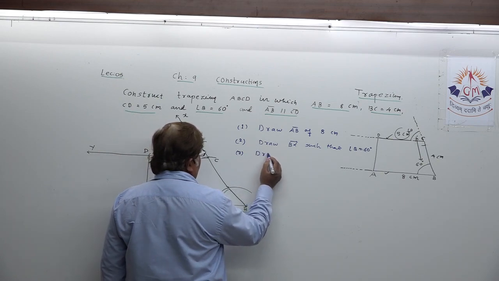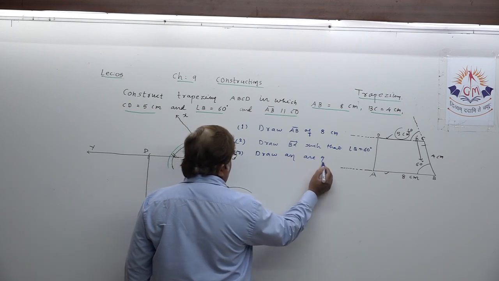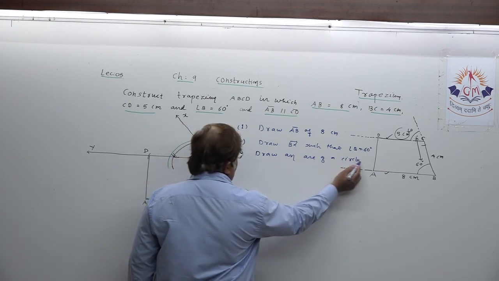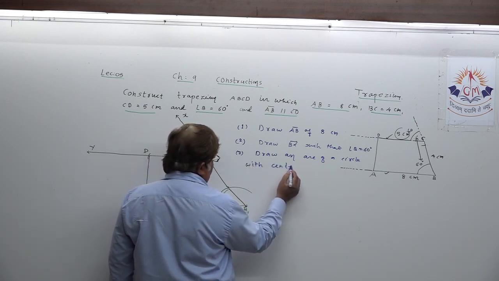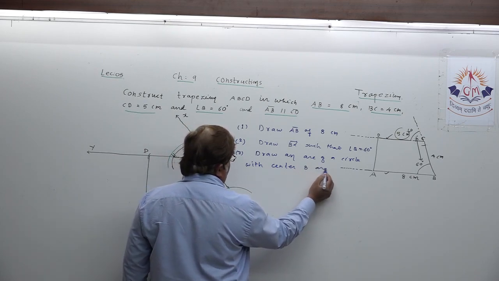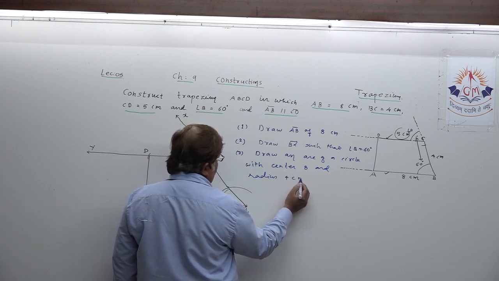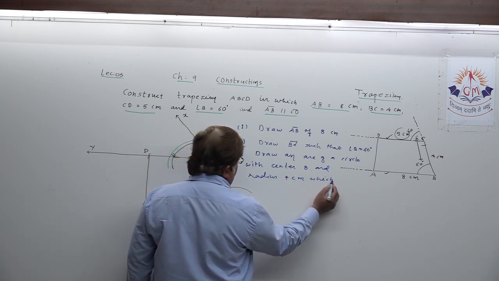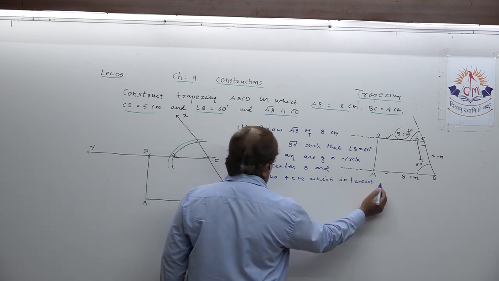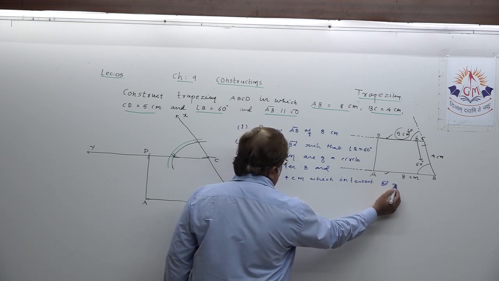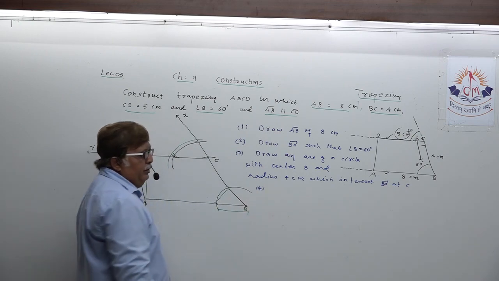Draw an arc of a circle with center B and radius 4 centimeter, which intersects ray BX at point C. So this is the third step.